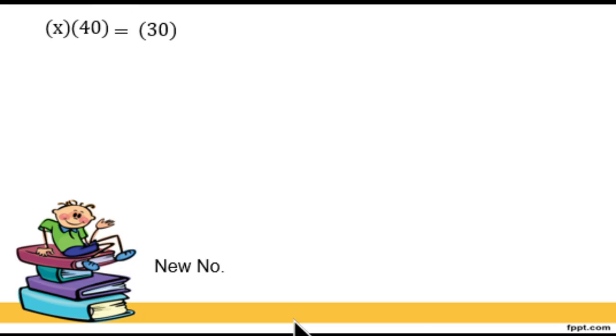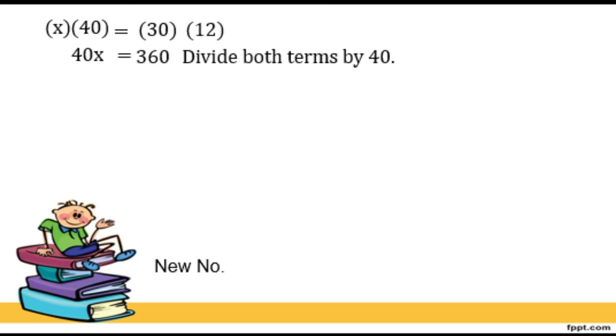So that will become 40x is equal to 30 times 12, which is equal to 360. And then divide both sides by 40.